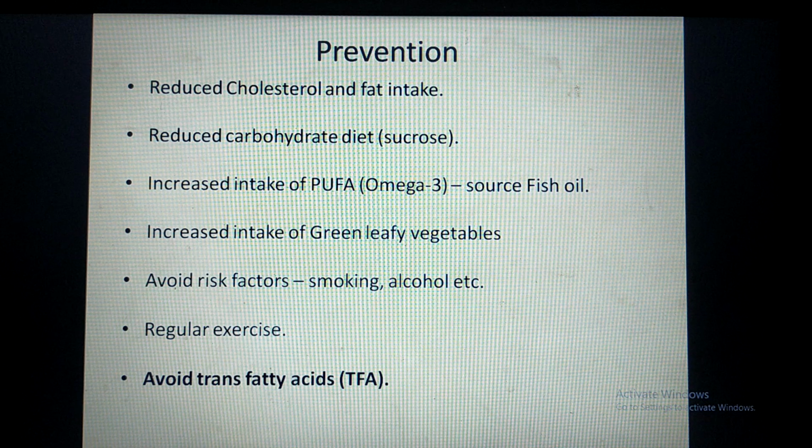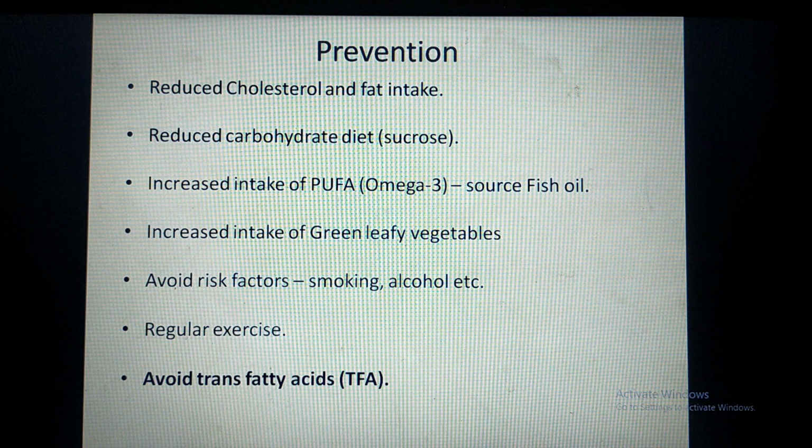To prevent atherosclerosis, you have to reduce the cholesterol and fat intake. Then you have to also limit your carbohydrate intake, and especially the refined sugar like sucrose we have to stop. Then we have to increase the intake of polyunsaturated fatty acid, mainly omega 3, which is found in fish oil.